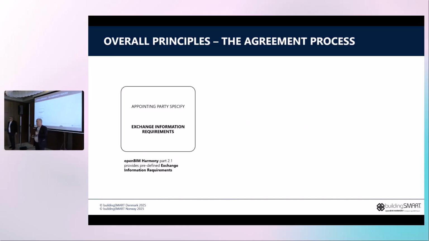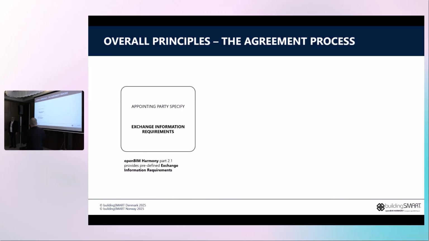It can be a contractor, or a part of a delivery team who outsources, for example, energy analysis that they don't have in-house. So they can turn around and be a client or appointing party for somebody else. That's why we're using this terminology.